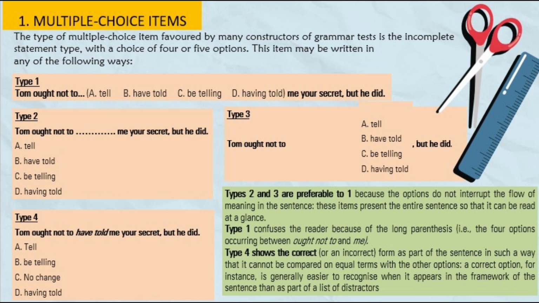Types 2 and 3 are preferable to 1 because the options do not interrupt the flow of meaning in the sentence. These items present the entire sentence so that it can be read at a glance.